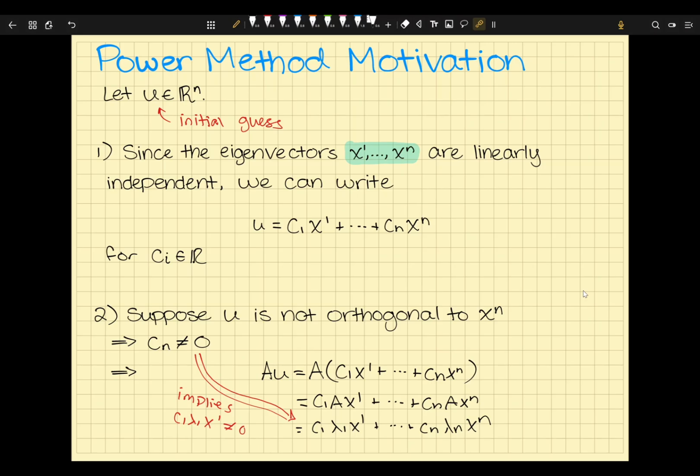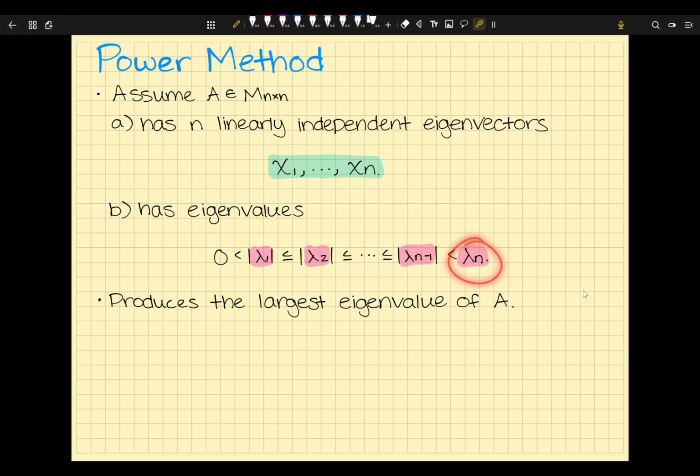And specifically, if we make this assumption about our eigenvalues, that we have one that's larger than the rest, so we have this lambda n that's the largest eigenvalue, then if we repeatedly take some vector and multiply it by A k times, this lambda n is going to stand out the most, because it was the largest and we raise it to a big power.